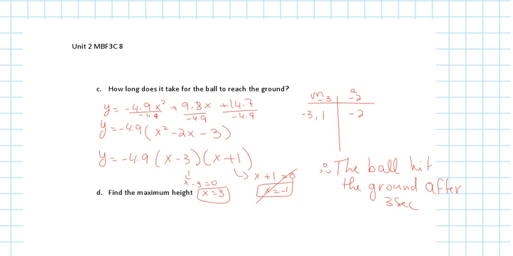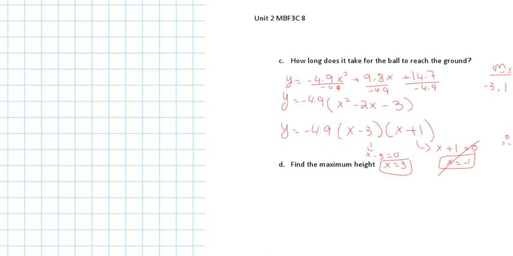All right, now I found the zeros, right? So far what I have is this. I know that my zeros technically are right here and right here.